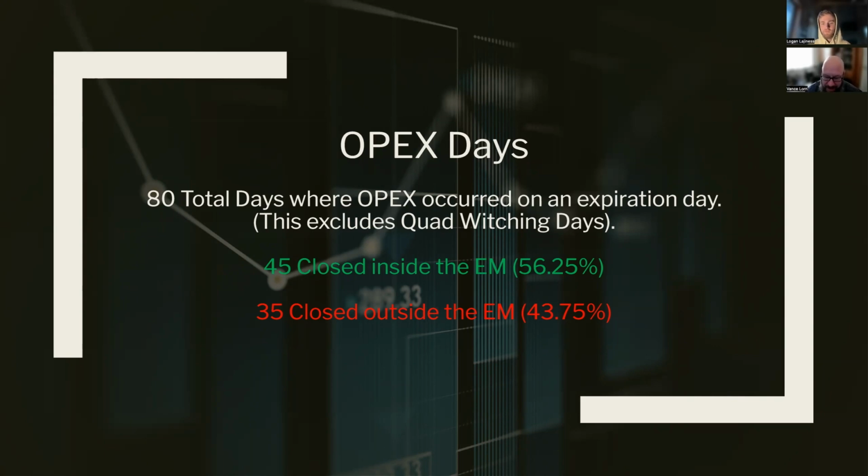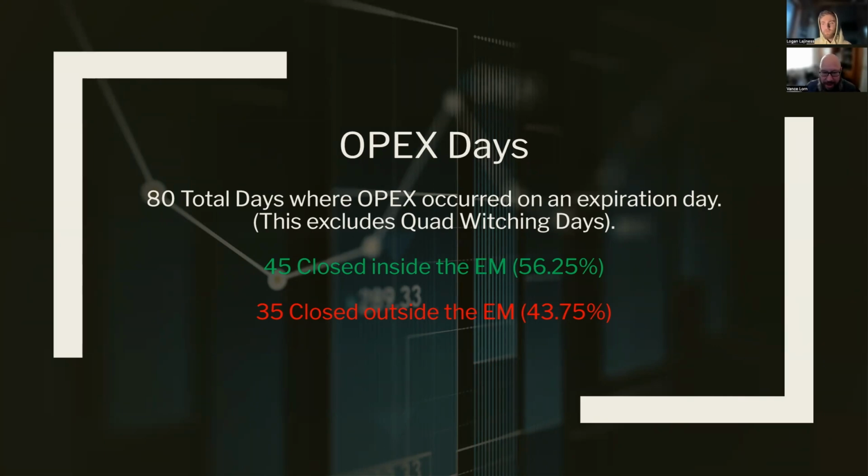What I find is, and today was the proof of the pudding, the market opened up like 15 points. A lot of people immediately jumped into a PCS, thinking it was the continuation play.